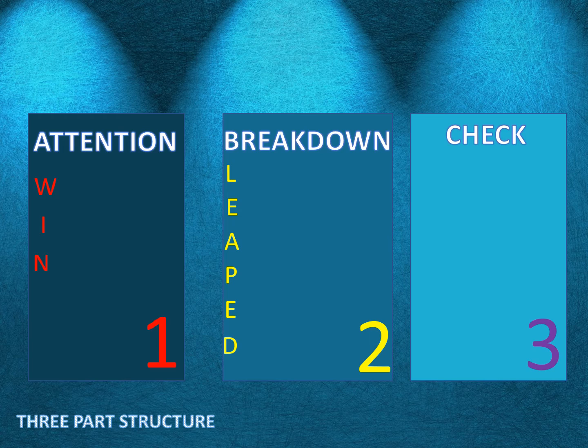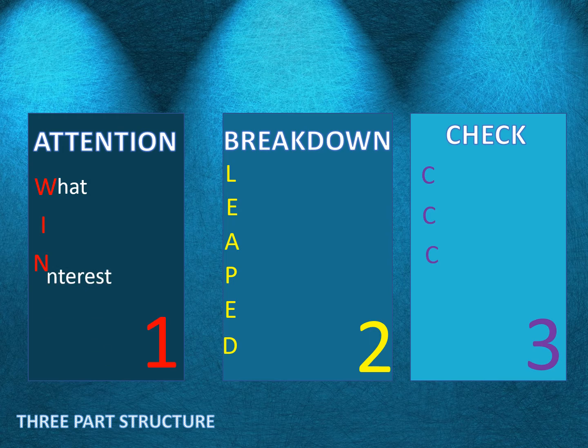Here we use the past tense, leaped. And in the check section, we look at the 3 C's that you need to cover to ensure that the learning has taken place. So what does each one of these stand for? Let's go to the attention section.